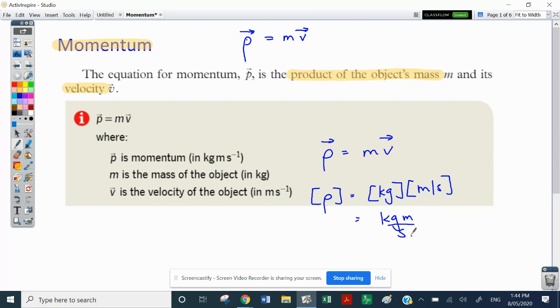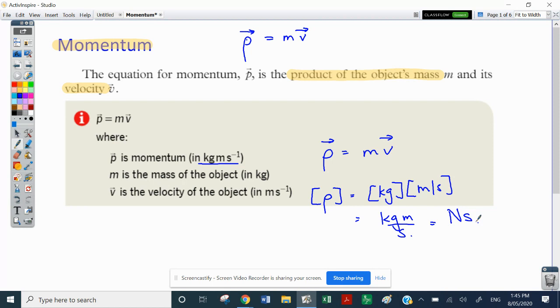Now, that's the first of our units. We also know that the Newton is the kilogram meter per second squared. So by combining and using the Newton, the other form it could take is the Newton second.